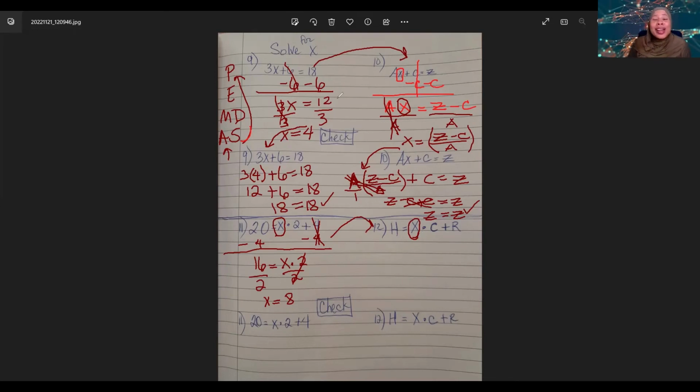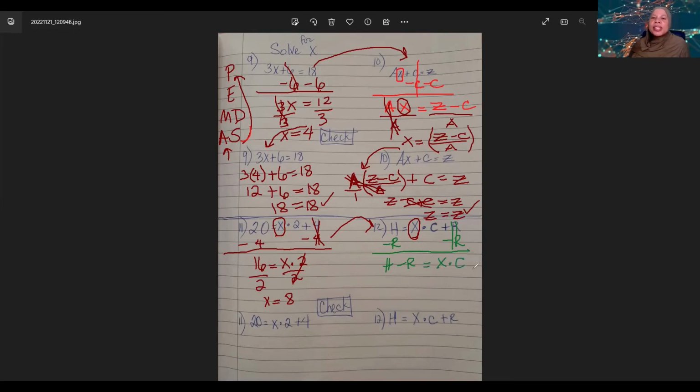So I already know that I'm going to do something with that addition. I'm going to do subtraction. So I'm going to subtract the r from both sides. Cancel that out. Bam. You get h minus r equals x times c.